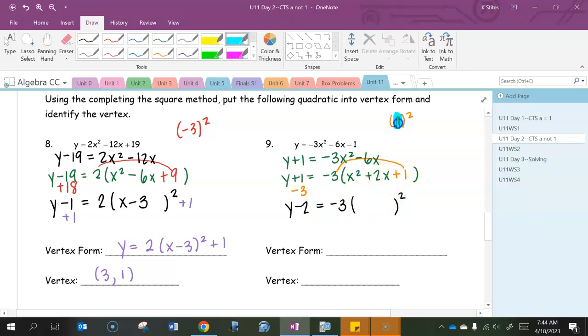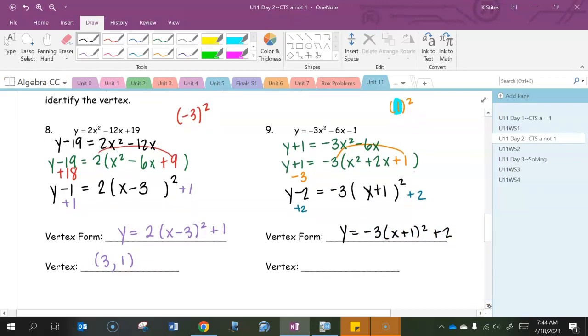Again, that's going to be this guy. And finally, last step, add that 2 back over. So we should have y equals -3 times x plus 1 squared plus 2. And our vertex will be -1, comma 2. Okay, change the sign, keep the sign.